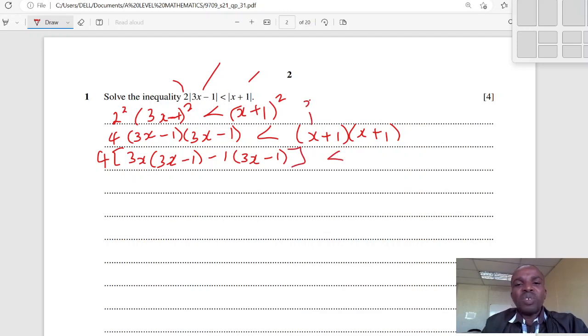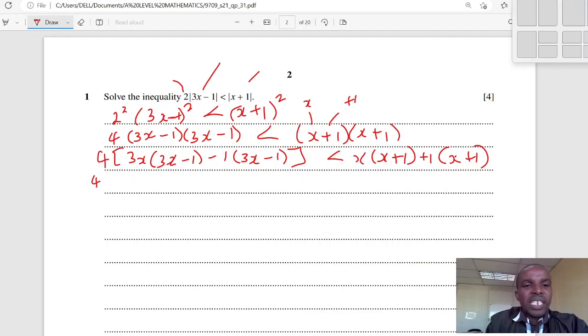Then in this bracket we have x and plus 1. So x will multiply the second bracket, which is x plus 1, and plus 1 will also multiply the same bracket, which is x plus 1. Let's simplify our brackets. 3x times 3x is 9x squared. Then 3x times minus 1 is minus 3x. Then minus 3x here.